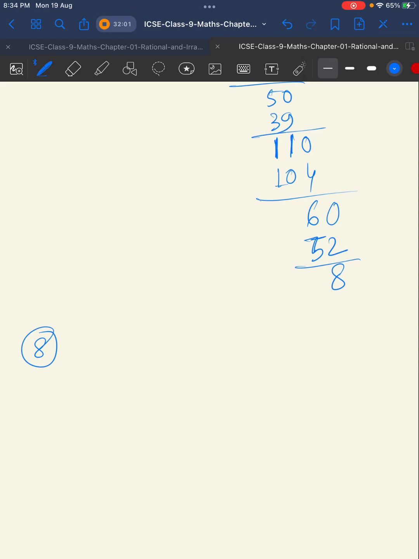Okay, now question number 8. Express each of the following as a rational number, that is in the form a by b, where a, b belongs to Z and b not equals to 0. So express each of the following as a rational number.